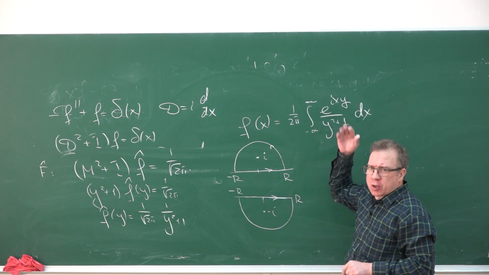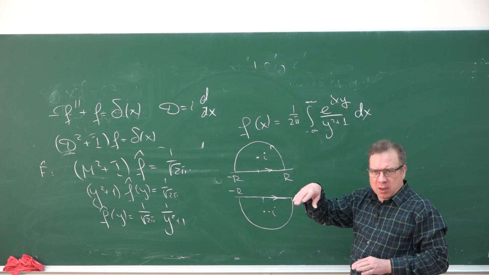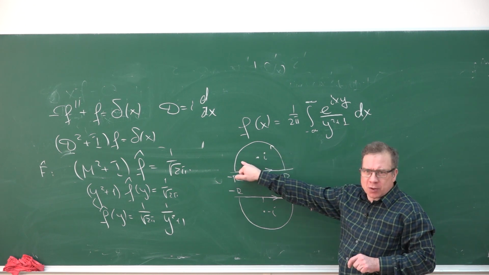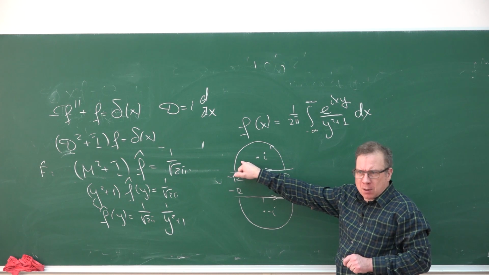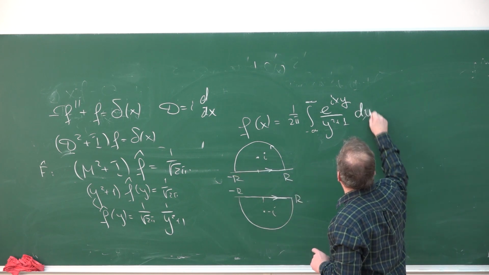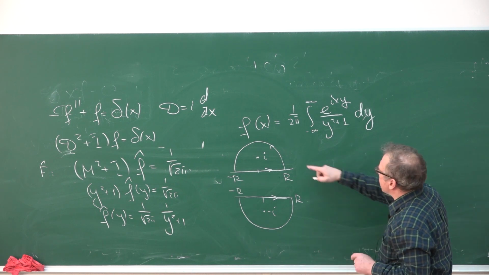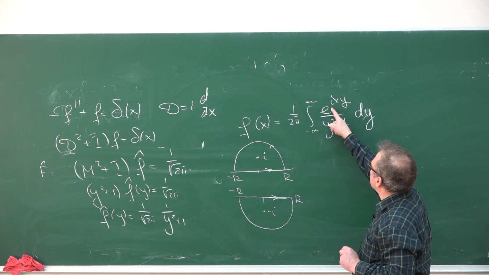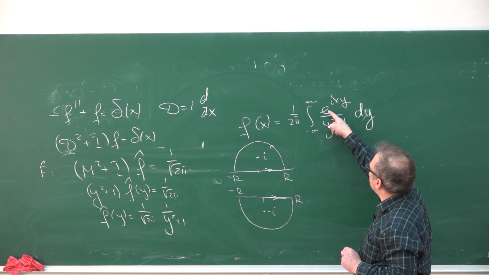So our function must decrease on the upper half circle. If we have y with positive imaginary part, so i, it gives us exponent minus x.